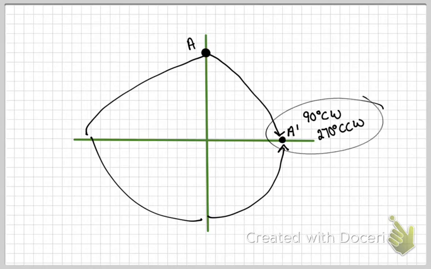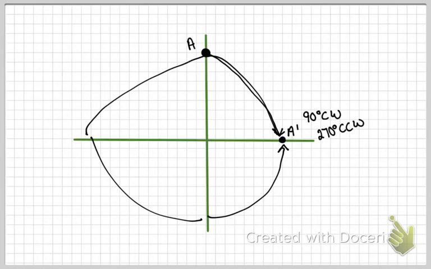Do you see that? Do I need to explain that again? Okay, look here. 90 degrees clockwise is one turn to get me down to that point. Do you guys see that? One turn to get me here. 270 counterclockwise, the opposite way, is 1, 2, 3 turns, but I end up in the same place.